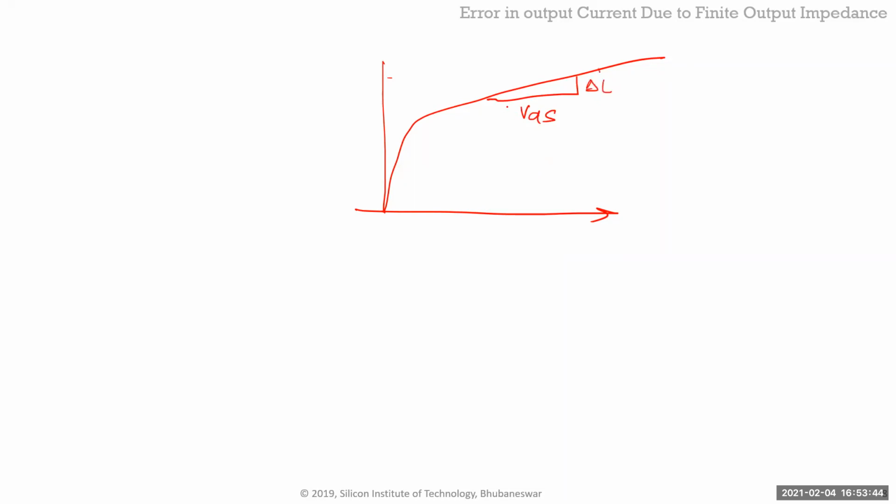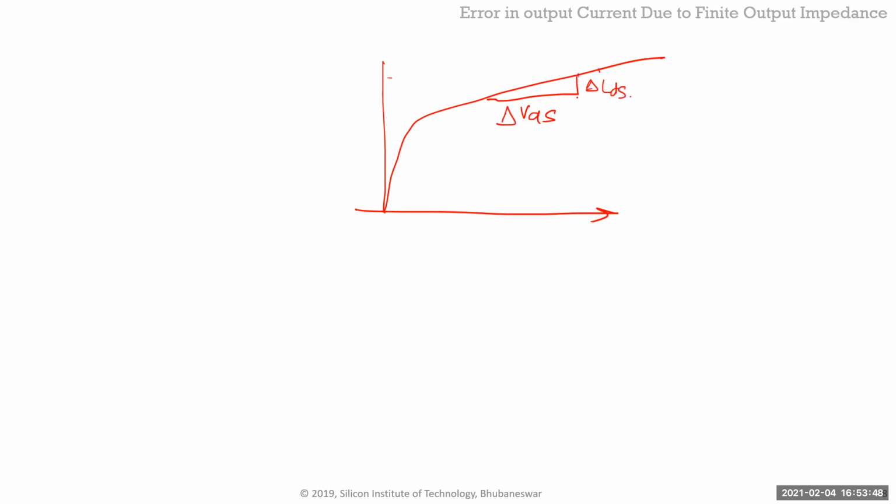Error in the output current due to finite output resistance. I'll just mention it qualitatively. I'll give you a problem, or maybe I've already given it to you. Essentially, it's the same thing. I'm just exaggerating it. Your output current is varying with VDS. So if your VDS varies by a certain amount, let's say this is delta VDS, this is delta IDS.